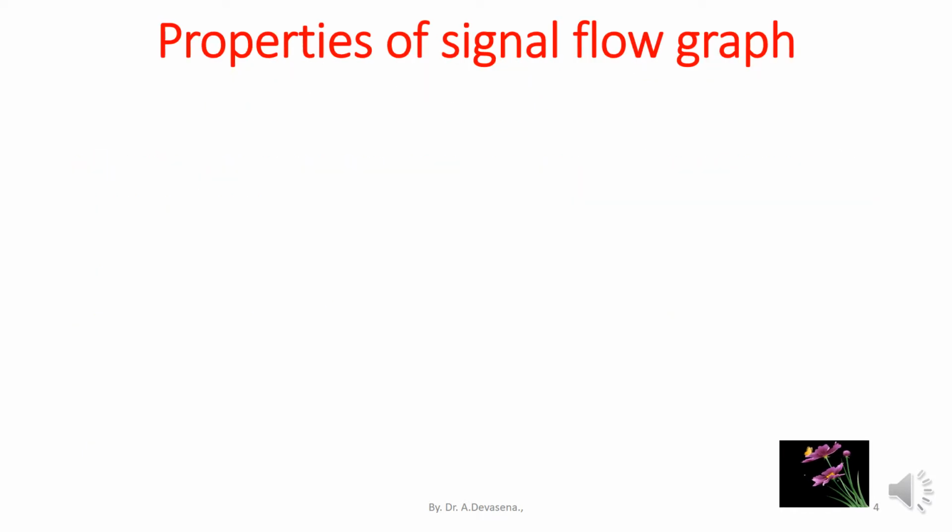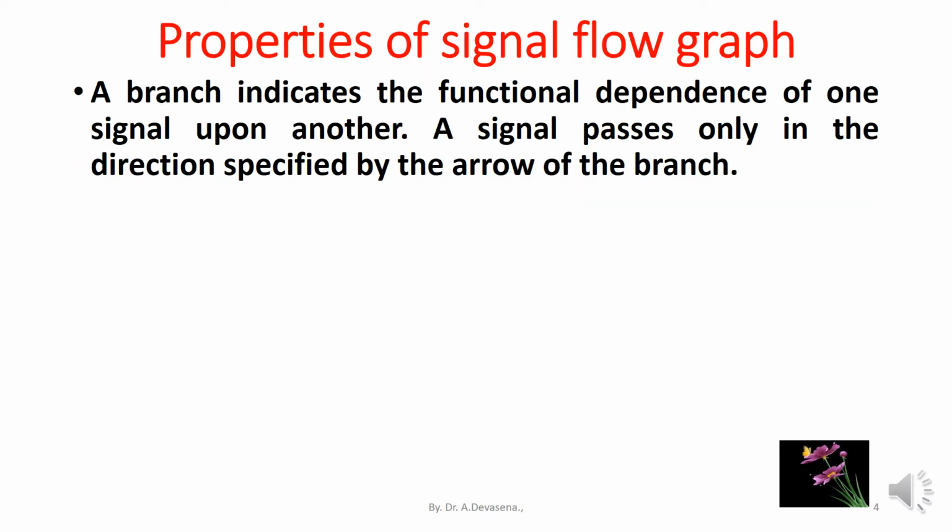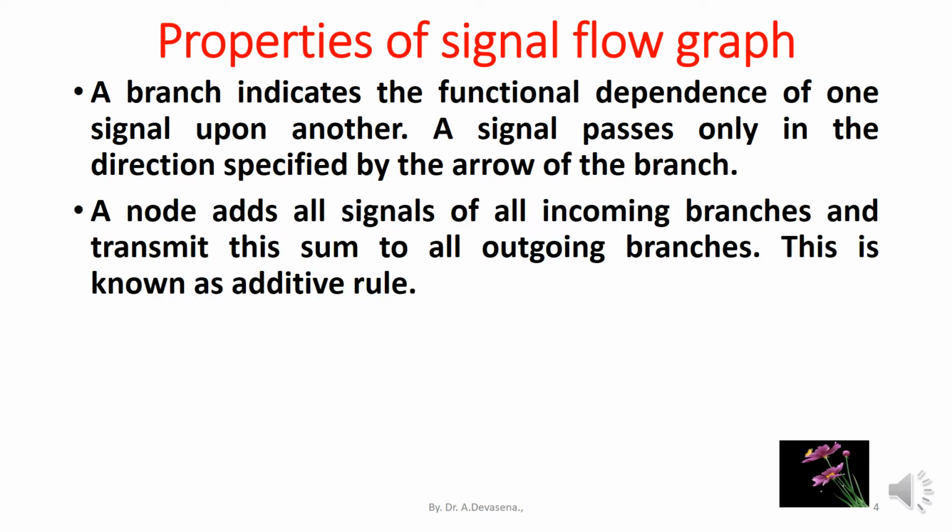Properties of signal flow graph. A branch indicates the functional dependence of one signal upon another. A signal passes only in the direction specified by the arrow of the branch. A node adds all signals of all incoming branches and transmits this sum to all outgoing branches.